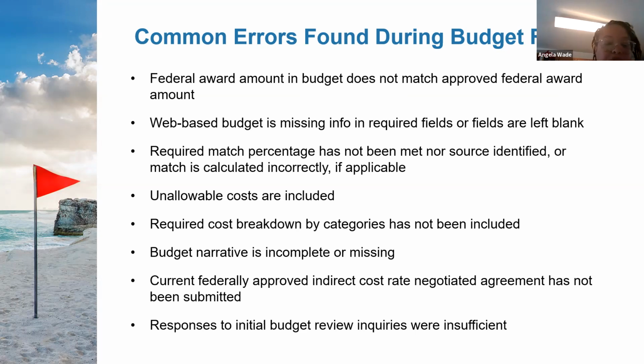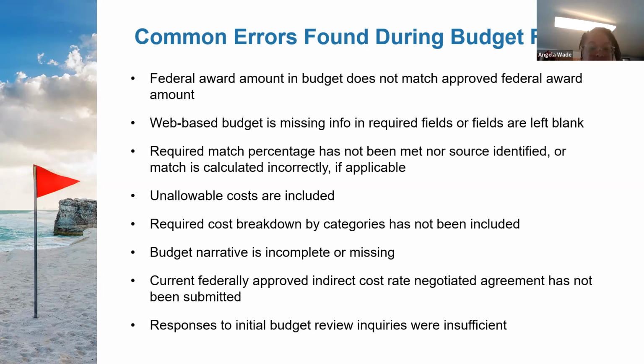So there's a lot of resources you can look at to verify whether or not costs you're including may be considered unallowable. You always want to make sure that you itemize everything out in your budget. You may know what you're requesting in your mind, but if we're reading it, we might not necessarily know what you're trying to request. So you need to basically explain to us what you're actually requesting in your budget and break it out so we can understand what you are requesting.